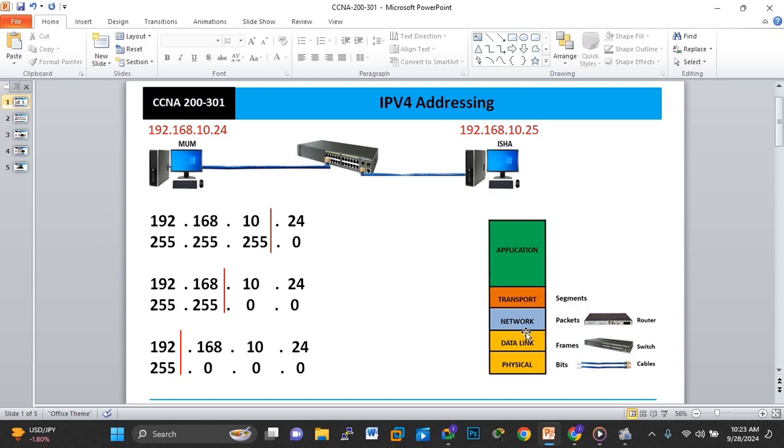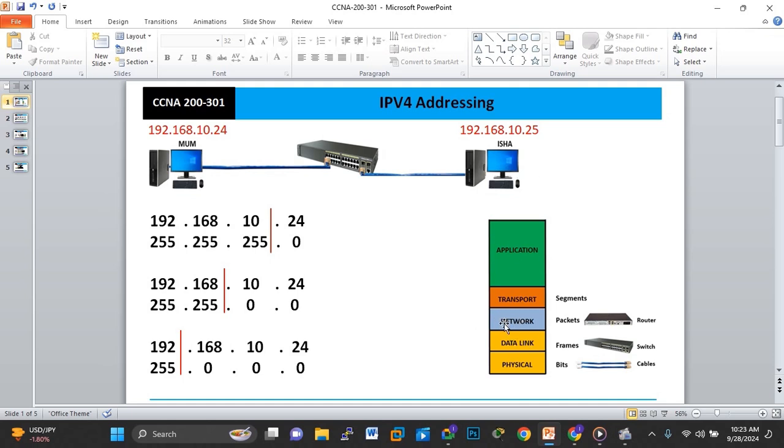Now, in the network layer, we work with IP addresses: the source IP of Mom's PC, and the destination IP address of Aisha's. Because if Mom wants to communicate, her PC needs to have a source IP and a destination IP, where the packet will be moving.